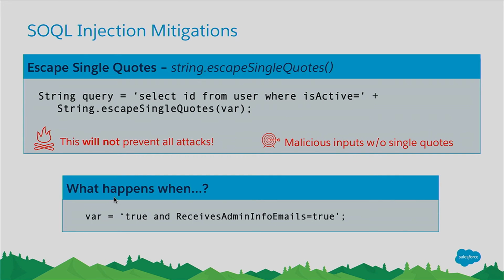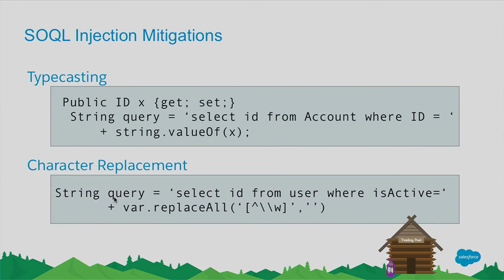So we've now determined who all our admins are. So again, when we use escape single quotes, we need to be a little bit careful about being in the appropriate context and making sure that that mitigates all modifications that can occur to that query. There's other mitigations as well.